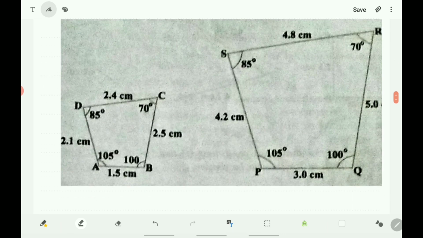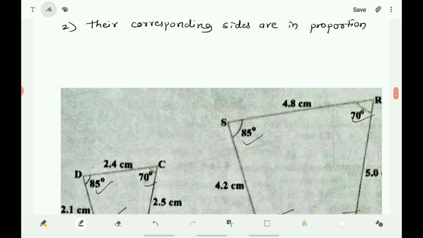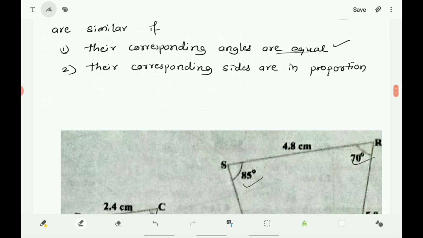Angle A is 155 degrees, angle P is also 155 degrees, angle B is 100 degrees, angle Q is 100 degrees, angle C is 70 degrees, angle R is 70 degrees, angle D is 85 degrees, angle S is 85 degrees. So these two quadrilaterals have equal angles.